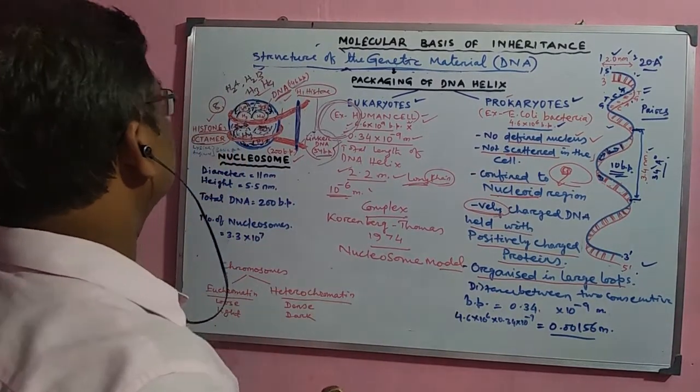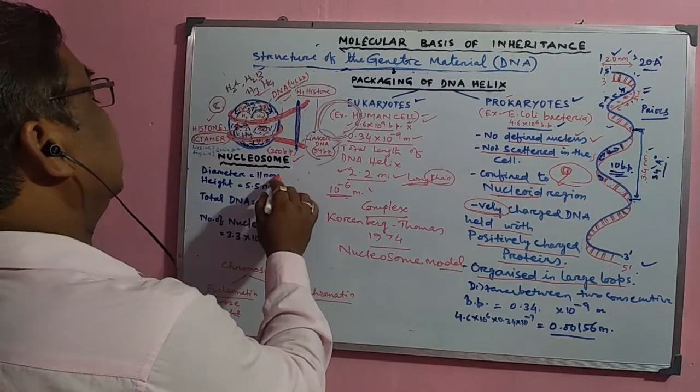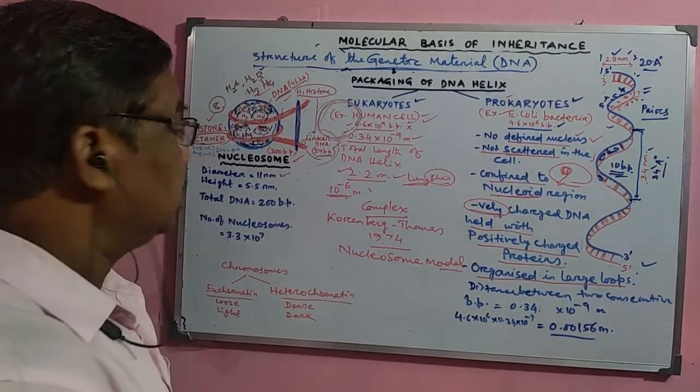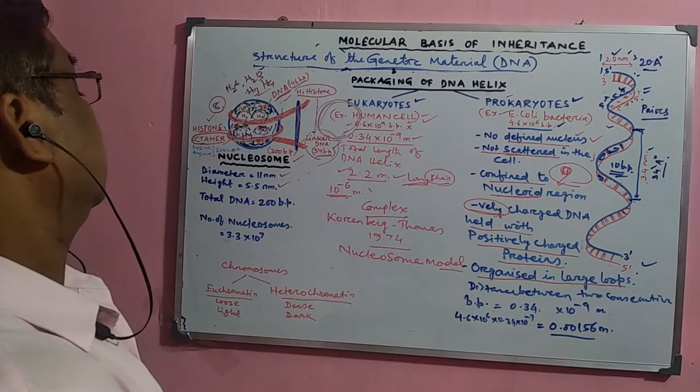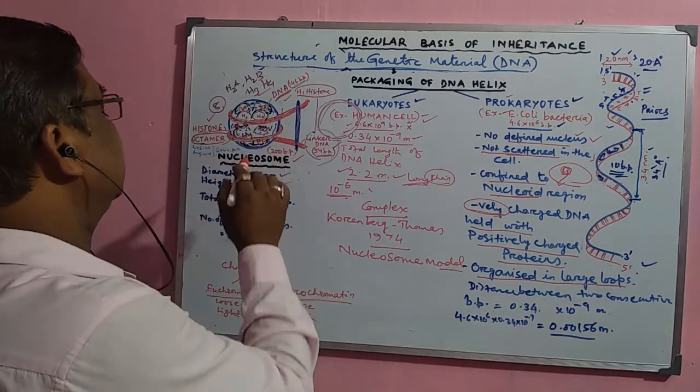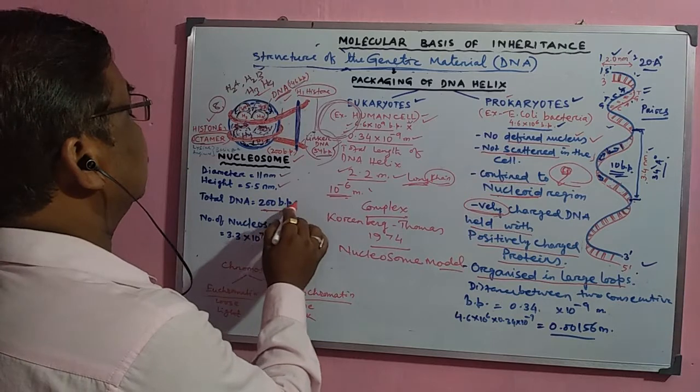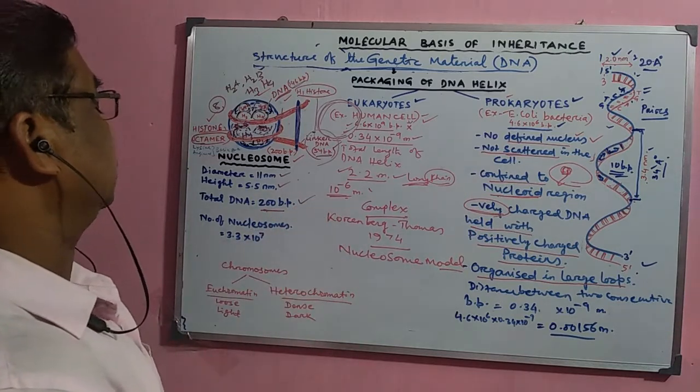Now this nucleosome has a diameter of 11 nanometer and a height of around 5.5 nanometer, and in this nucleosome, in total, around 200 base pairs are there.